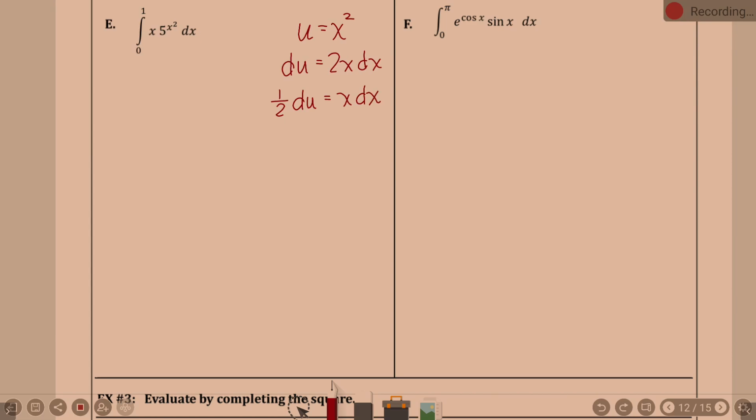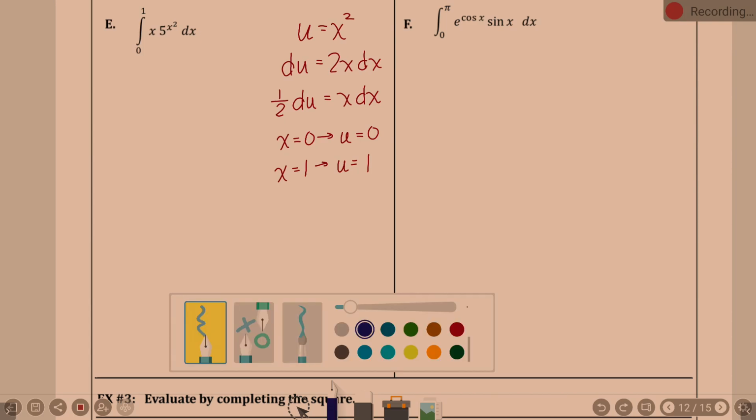If I change my boundaries, if x is 0, then u is 0 squared, or 0. If x is 1, then u is 1. Doesn't happen that way often, but we'll take it.